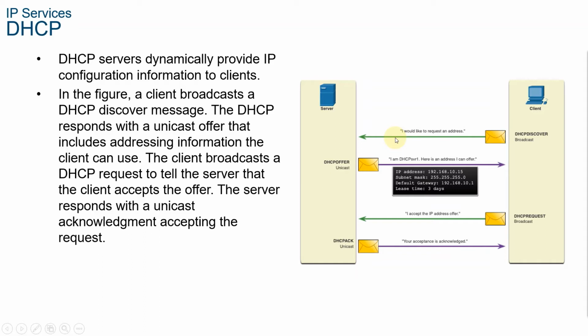The DHCP server responds with a unicast offer that includes addressing information the client can use. The client broadcasts a DHCP request to tell the server that the client accepts the offer. Lastly, the server will respond with a unicast acknowledgement accepting the request.